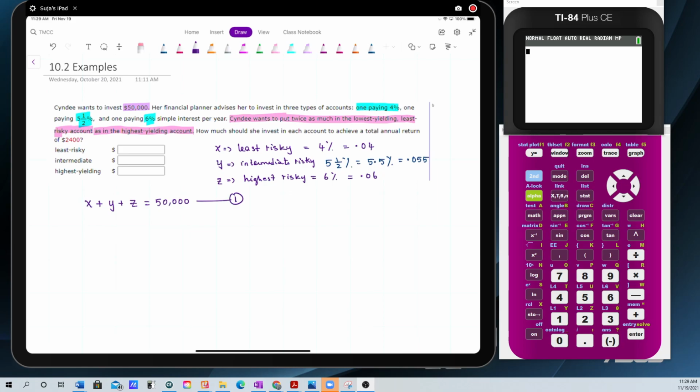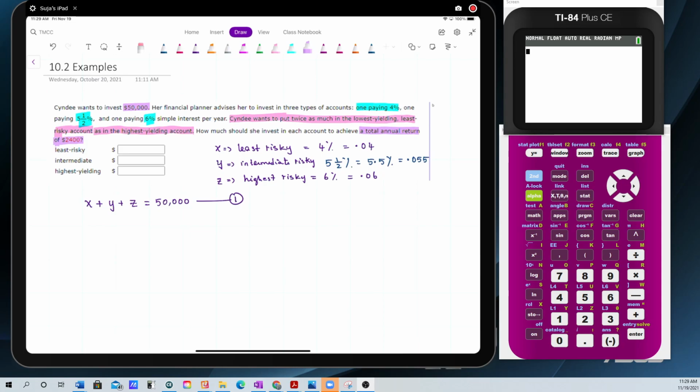Okay. The next equation is here. In the last sentence it gives me a clue that she needs to receive a total annual return of $2,400. So the interest paid by all 3 accounts adds up to this $2,400.